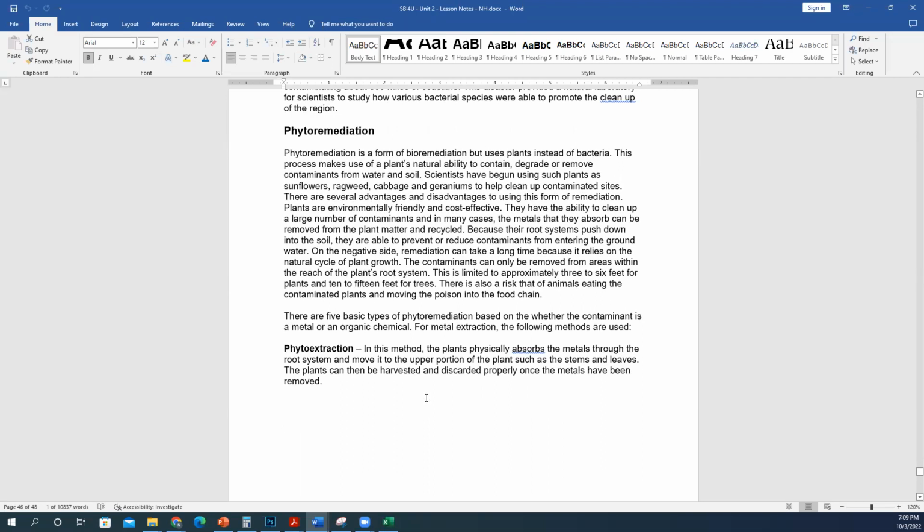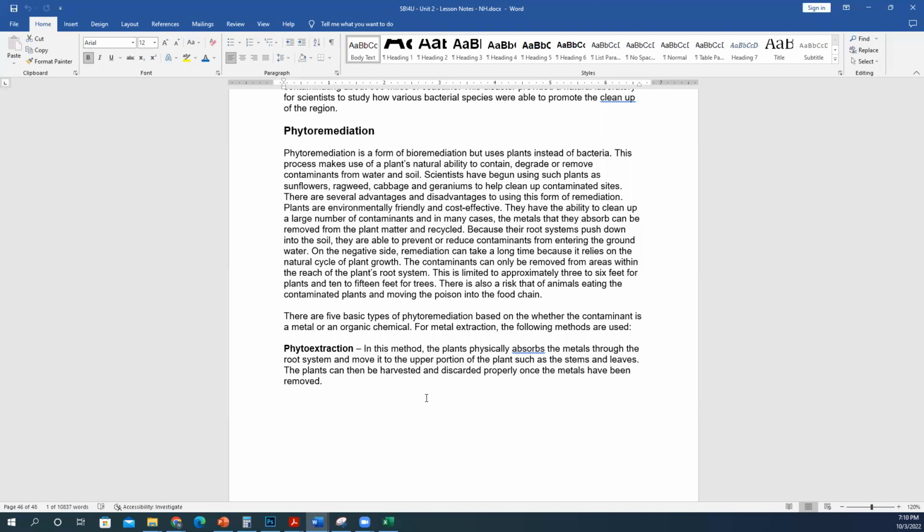There's also phytoremediation, and phytoremediation is a form of bioremediation, but instead of bacteria, it uses plants. In this process, plants are used for their natural ability to absorb, contain, degrade, and remove contaminants from water and soil.